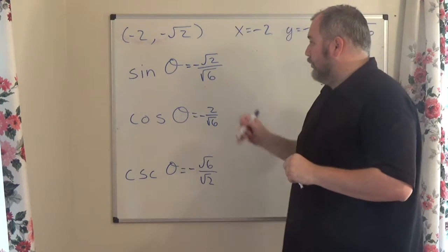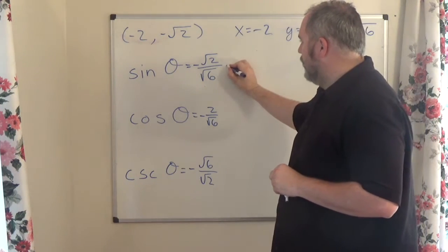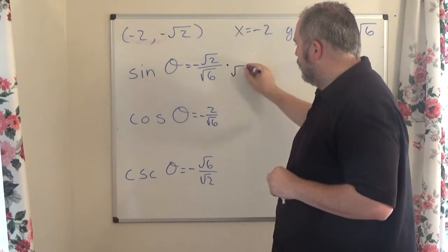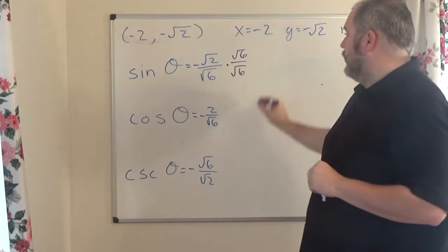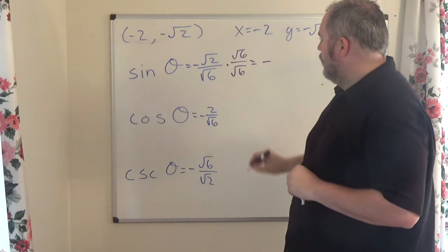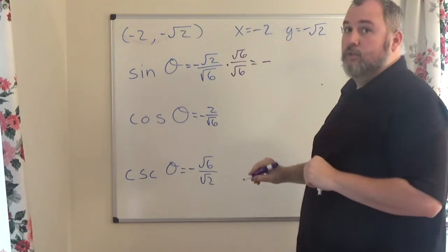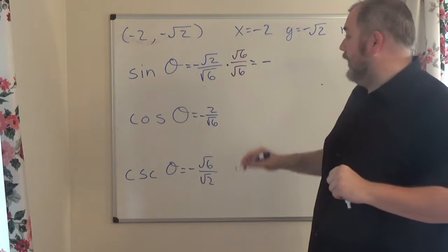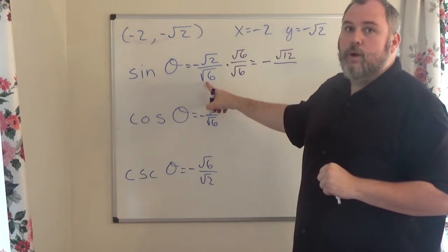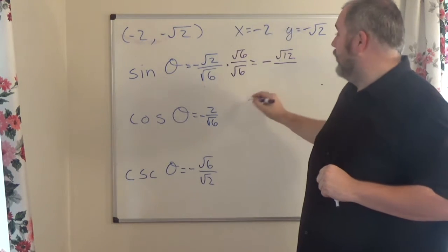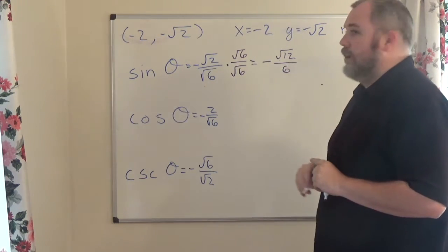For this first one, we're going to multiply this whole thing by the square root of 6 over the square root of 6. In doing so, we're going to get negative square root of 2 times the square root of 6, which gives me square root of 12 over, well, the square root of 6 times itself is going to give me just the number 6.